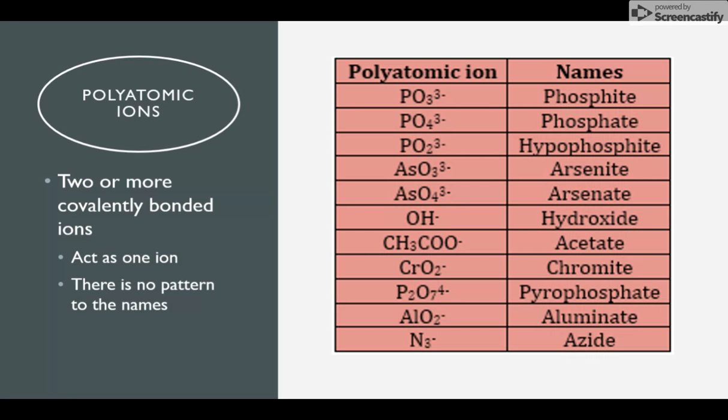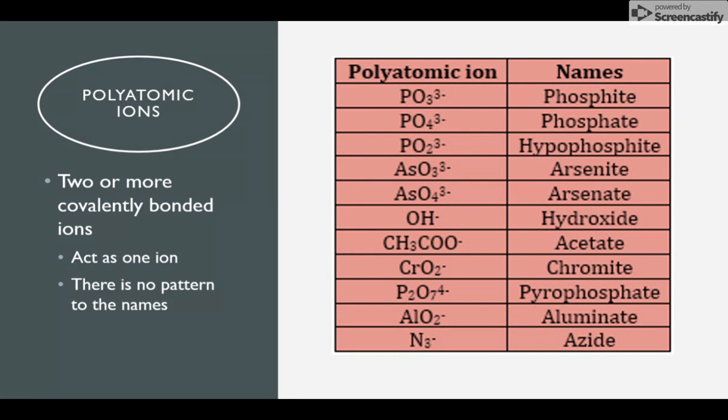Here's a list of some polyatomic ions, and polyatomic ions are two or more covalently bonded ions, but these ions act as one. There's not really a pattern to the names of the polyatomic ions, so you pretty much have to just memorize the polyatomic ion with the name of the ion.